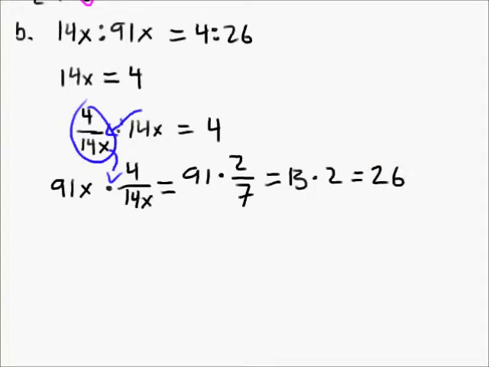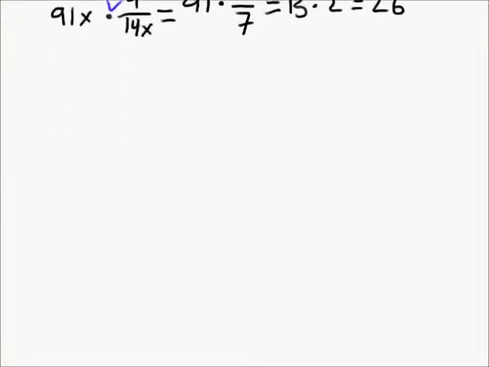So the number that we were looking for was 4 divided by 14x right here. We multiply both parts of this side by that, and we get to our new values on the right hand side. So these are proportionate as well. We found the constant of proportionality between the two sets.